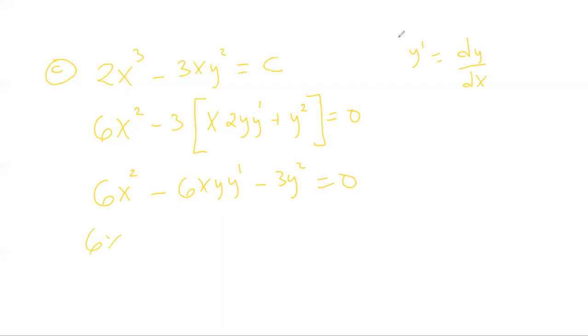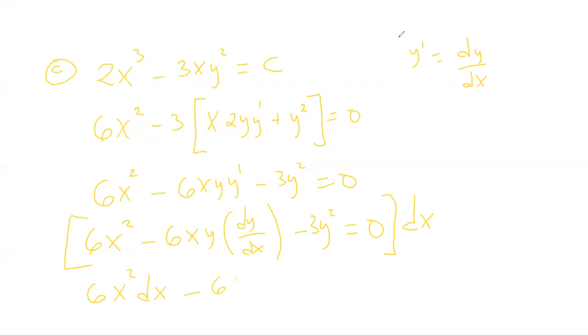So I have 6x squared minus 6xy, wherever I see y prime, I put dy by dx, minus 3y squared will be equal to 0. So I'm going to multiply this expression by dx. So I will have 6x squared dx minus 6xy dy minus 3y squared dx, all equal to 0.